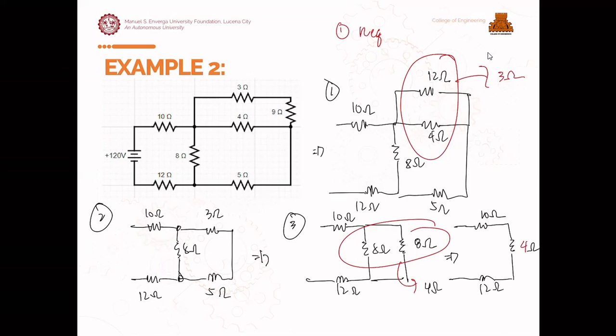So, kapag ngayon, in series na lahat to, kunin na natin yung R equivalent natin. Okay. So, R equivalent or R total ng circuit natin will be 10 plus 4, 14 plus 12 is 26 ohms. Okay. So, ibig sabihin 26 ohms yung required natin. Yung R equivalent natin. Okay. Nakuha na natin yung R equivalent.